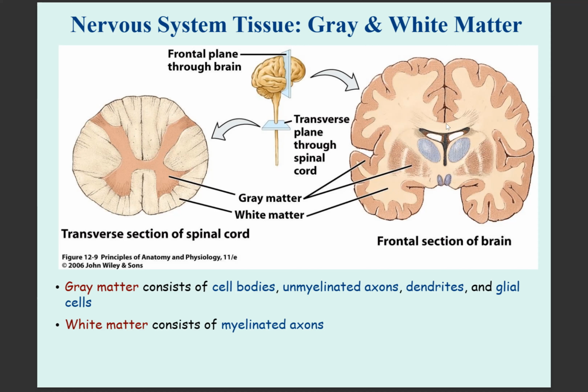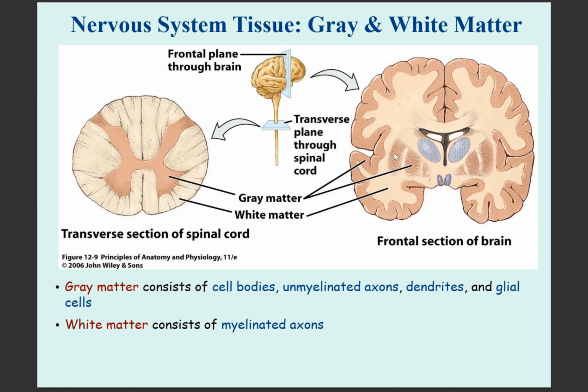A white matter. Now the gray matter is a collection of cell bodies, unmyelinated axons, dendrites, and glial cells, while the white matter consists of myelinated axons.